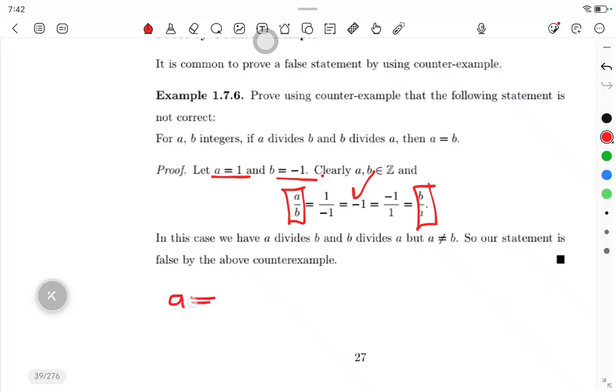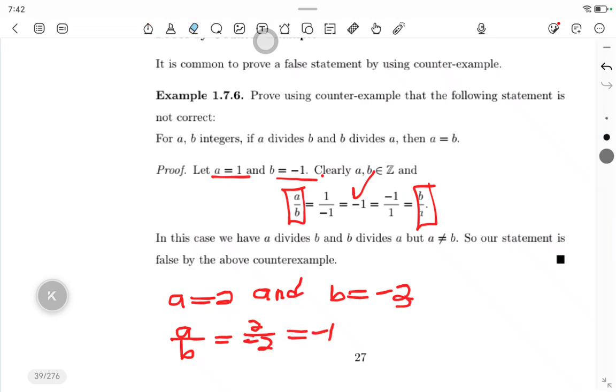Even if I let a be 2 and b be -2, a over b will be 2 over -2, which is -1. Or this one can even be 3, they don't have to be the same, and this will be -3.